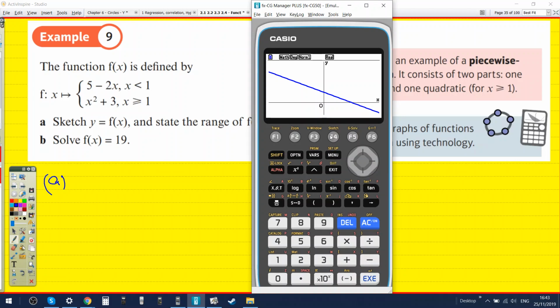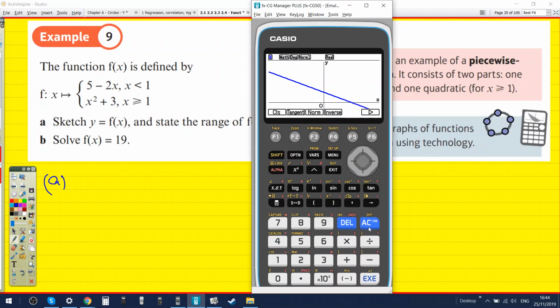So we can do, press shift and we get some options. I just forget. Tools, modify, draw. Oh no, sorry. Yeah, we draw that. Shift. Sketch. F4.